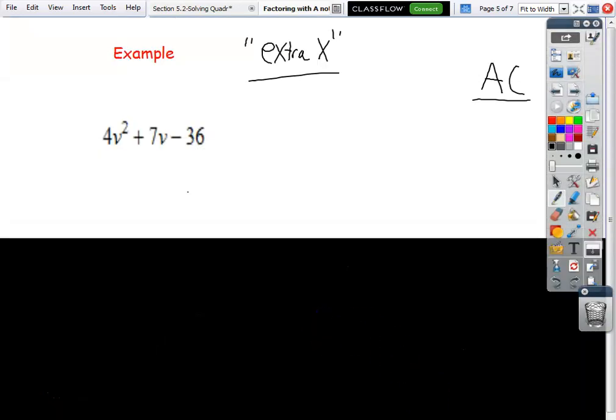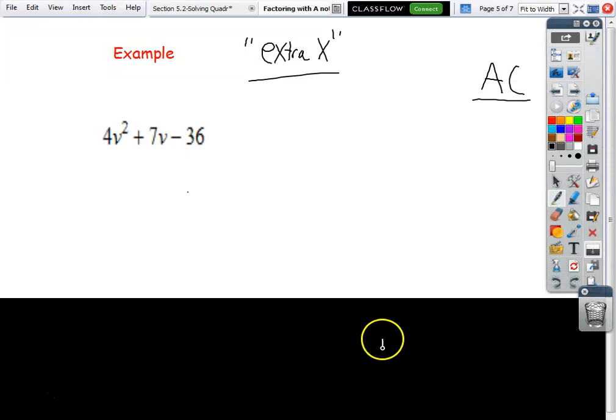So, let's look at this problem here. Now, I have, again, an issue because I have negative 36, 7v, and 4v squared. Unfortunately, there is no GCF other than 1, and that a term isn't 1, it's 4 here.